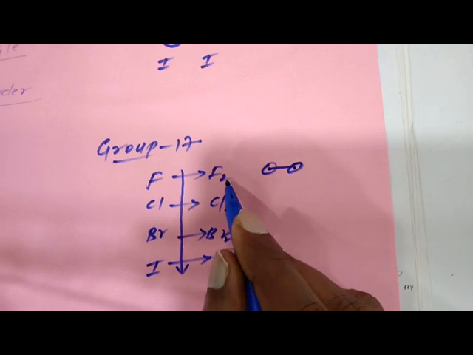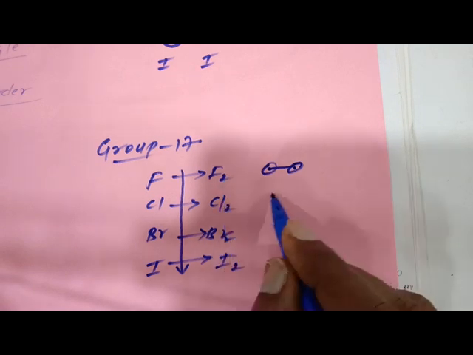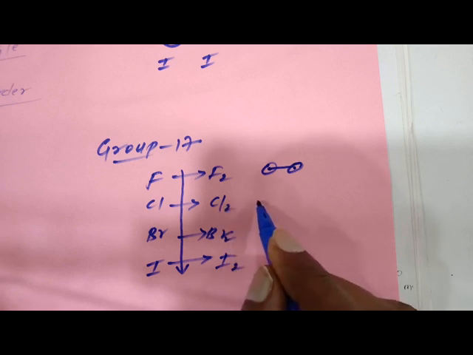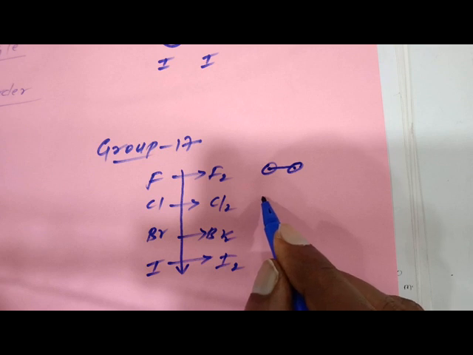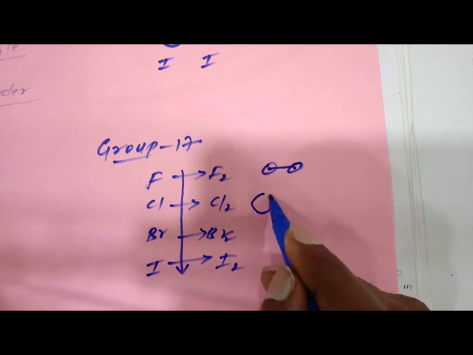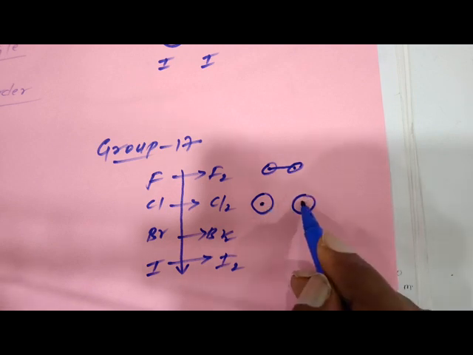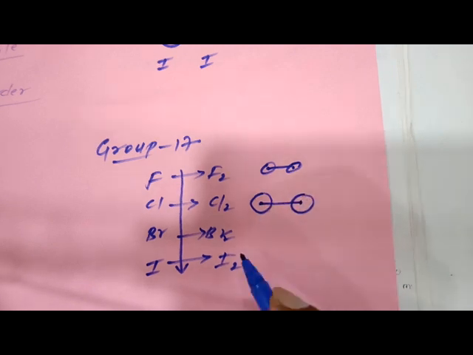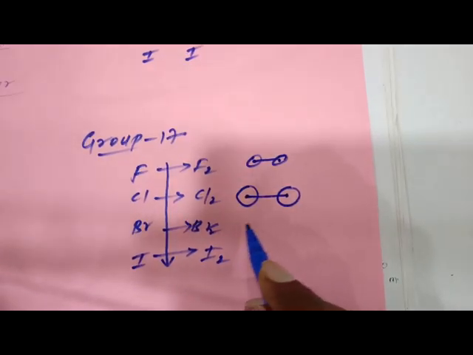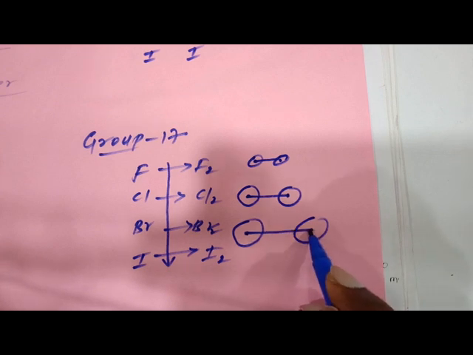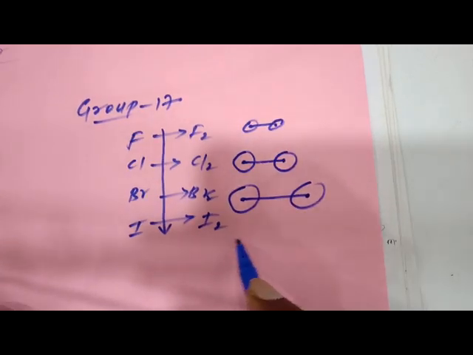Again, as we move from fluorine to chlorine, atomic number increases, and bond length increases because atomic size increases. Again we can draw for bromine, and last for iodine.